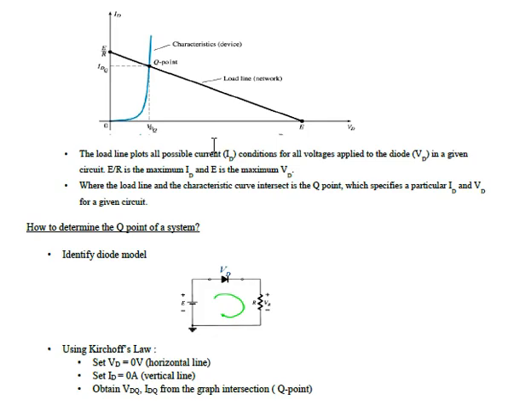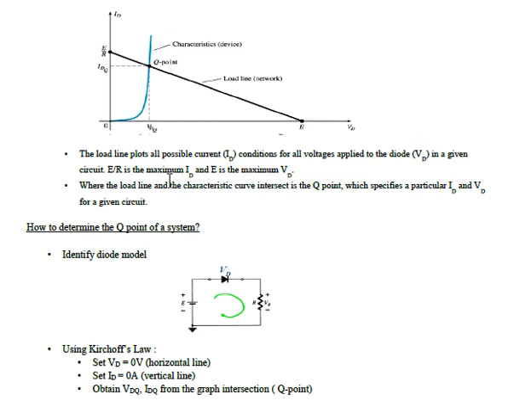When you plot all the possible current and connect them at once, you can formulate this load line here. So these are certain data points that have to be connected to formulate the load line.